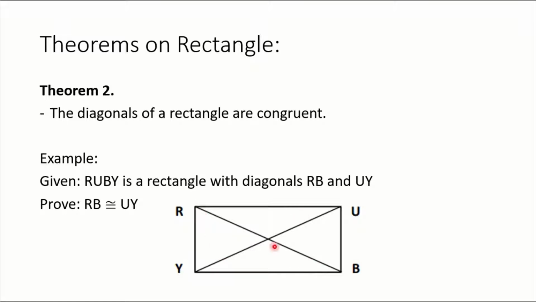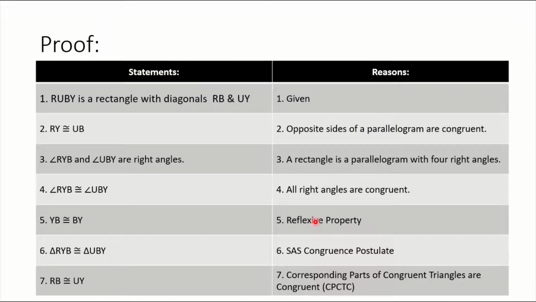So this measurement of the diagonal is congruent also with this diagonal. So let's prove number 1, RUBY is a rectangle with diagonals RB and UY. The reason is given.